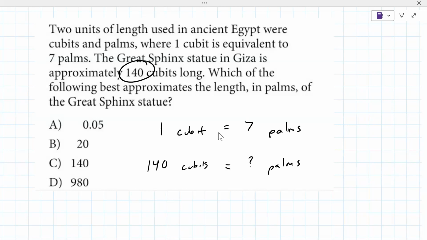So how are you going from 1 to 140? When you get bigger, you're either adding or multiplying.